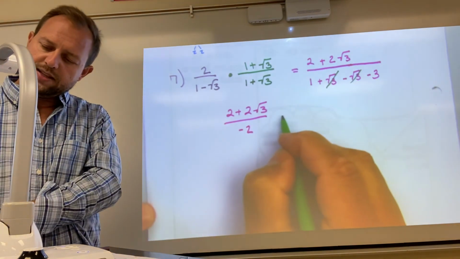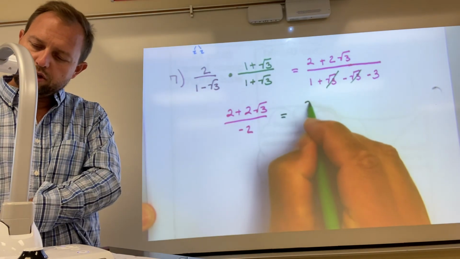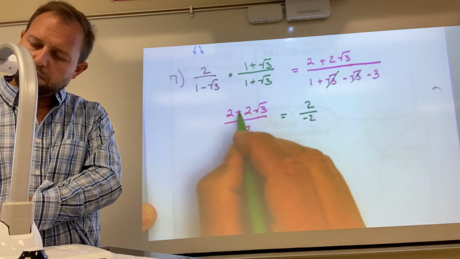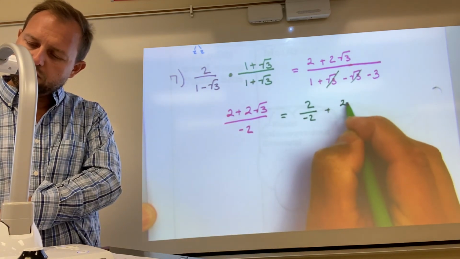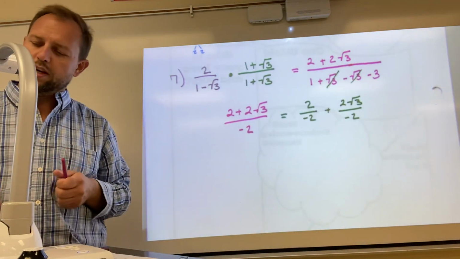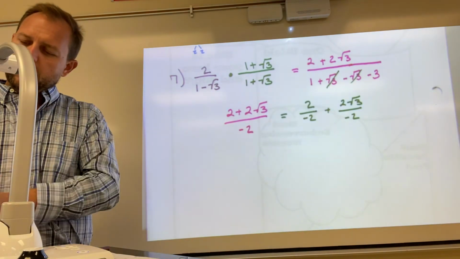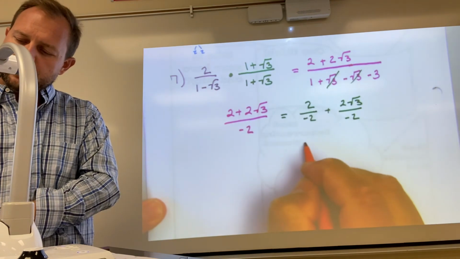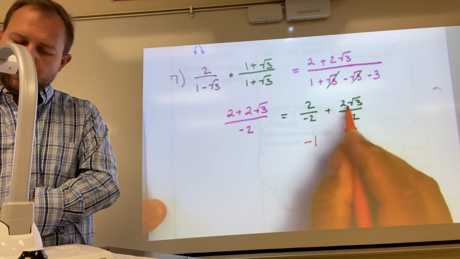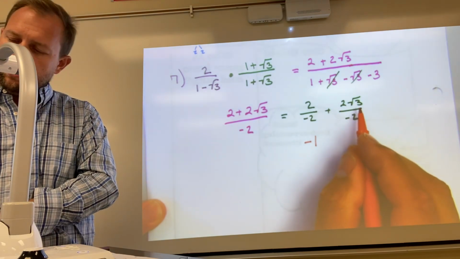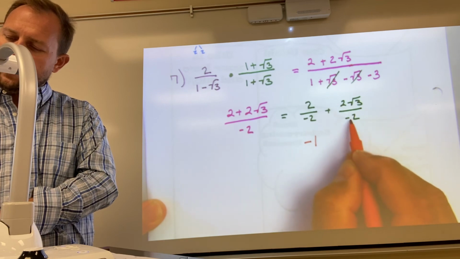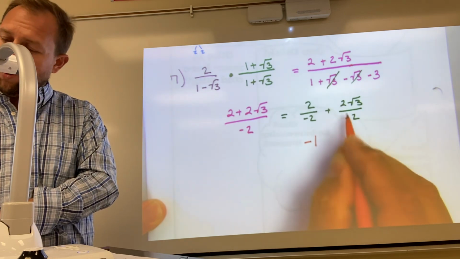So this becomes the same as 2 over the negative 2 plus 2 root 3 over the negative 2, and then we can reduce those. 2 divided by a negative 2 is negative 1. 2 root 3 divided by negative 2, the 2 is on the outside, so 2 divided by negative 2 is a negative 1.